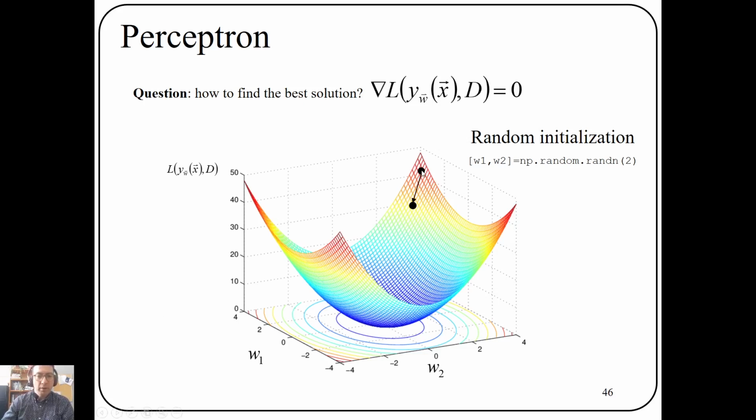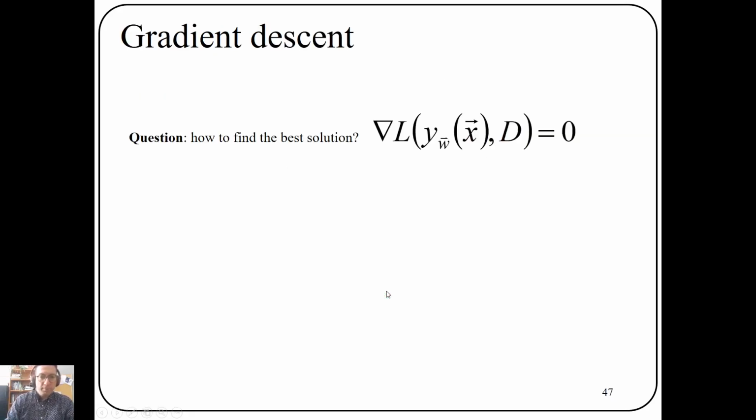The gradient is the direction towards which the function increases the most. If you take minus the gradient, that will point towards a direction where the loss decreases the most. So if you take a step, that will move the point a little bit closer to the optimal solution. And if you do this again and again in an iterative manner, you will eventually, or hopefully, reach a global minimum.